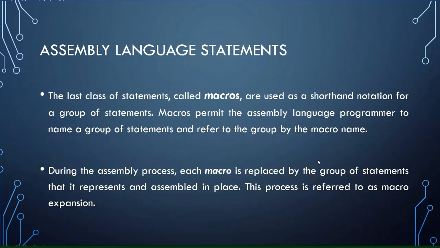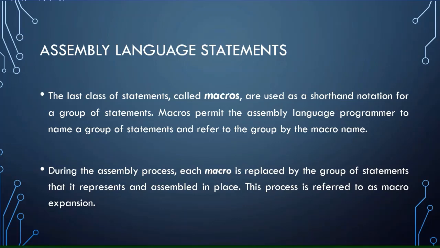Third type is called macros. What is a macro? It is a short form of a group of statements, a group of code. Very similar to a function in our high-level language. In a high-level language, you name the function and call the function, and each function is a combination of several lines of code.